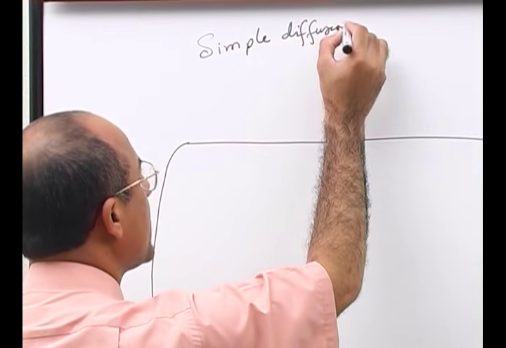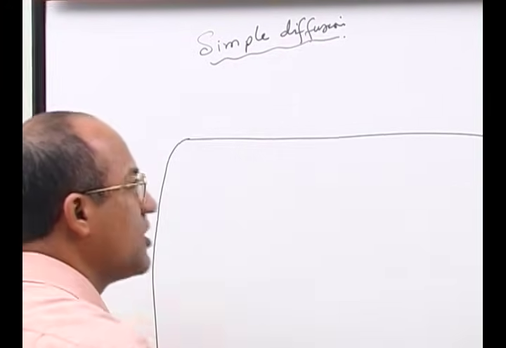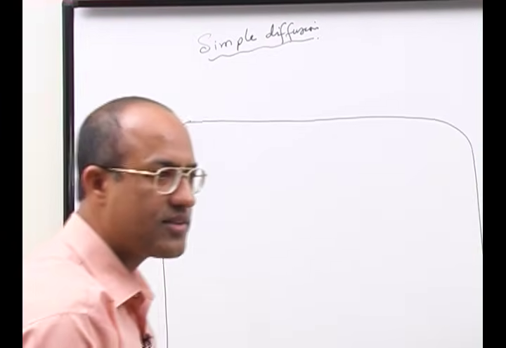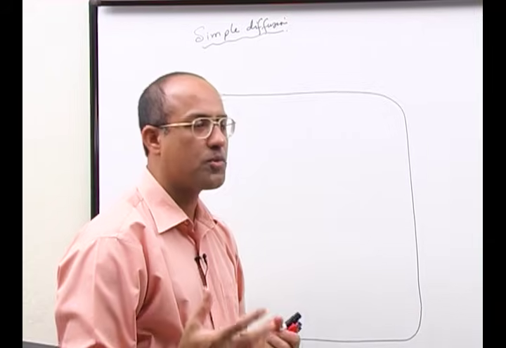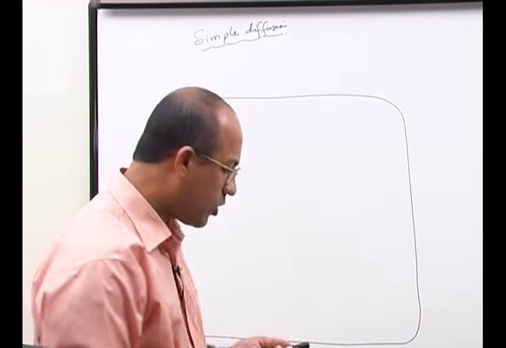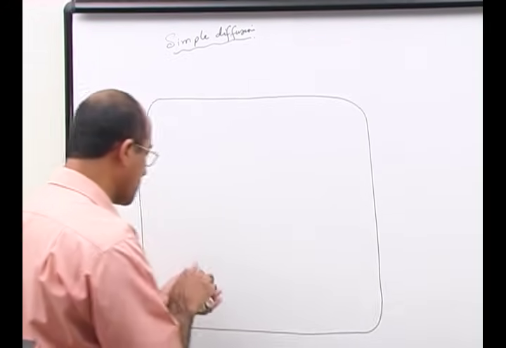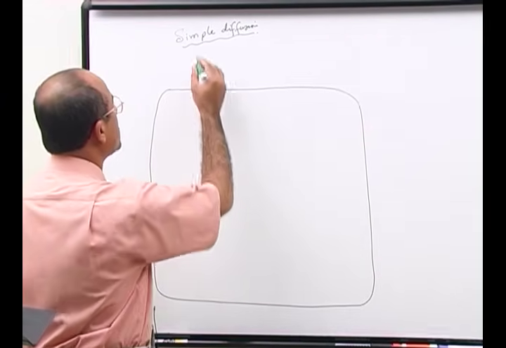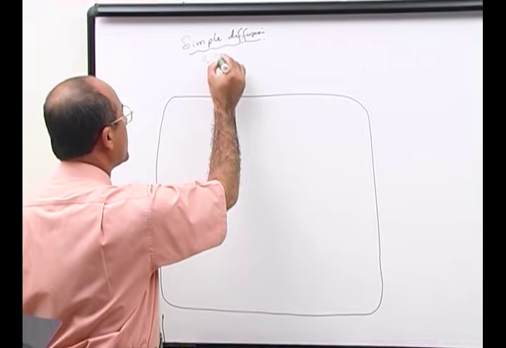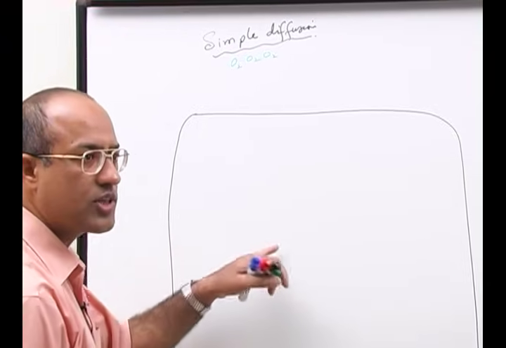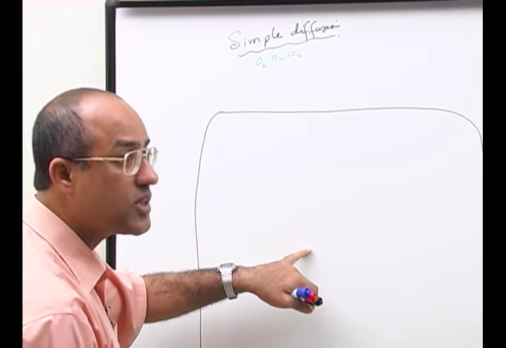Now this concept is very simple. Everyone knows that substances diffuse from high concentration to low concentration. So if there is a substance which needs to be transported, let's suppose these are the molecules of oxygen. As you know, oxygen is constantly utilized within the cells.